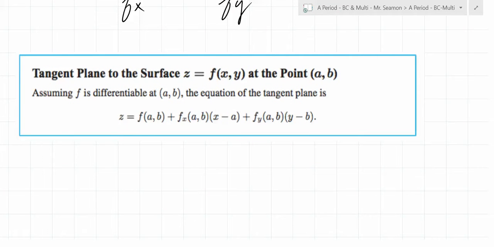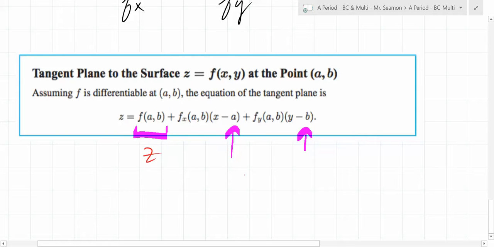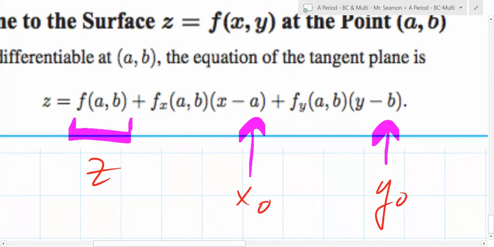Because if you have a point AB, A is going to be the x value, and B is going to be the y value. And then f of AB is the z value. I'm just bringing this back to the notation we were using before. But now do we have a way of algebraically finding this and this? Absolutely. So now do we have a really straightforward way of finding a tangent plane?